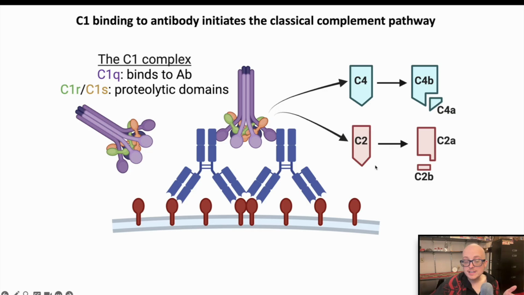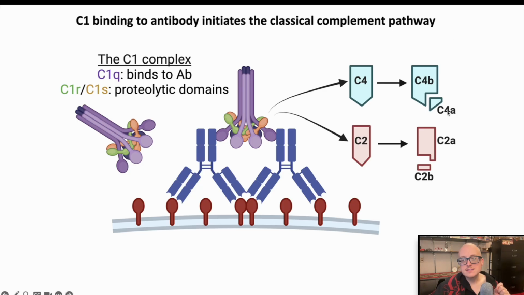And as a protease, the things that proteases typically do are to cleave things, and that is in fact exactly what happens. When C4 binds to C1, it is proteolytically cleaved into two cleavage products known as C4a and C4b. And this is another common theme that we'll see in the complement system: when something is cleaved in half, or I should say in two pieces, it's not directly in half, there's usually a smaller piece and a larger piece.